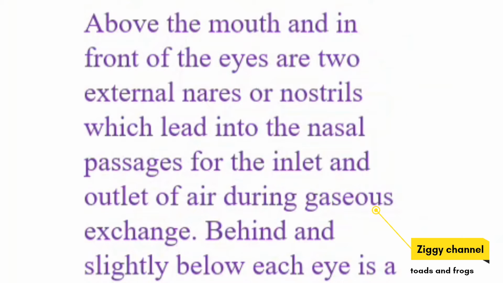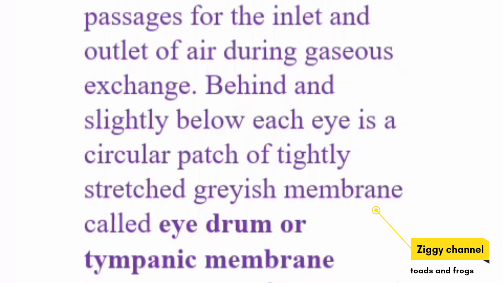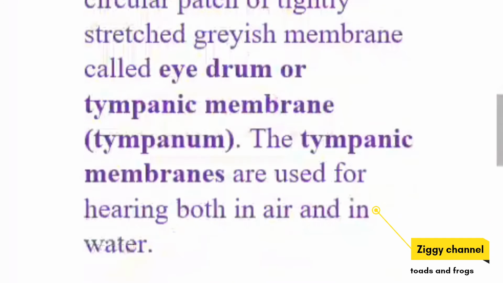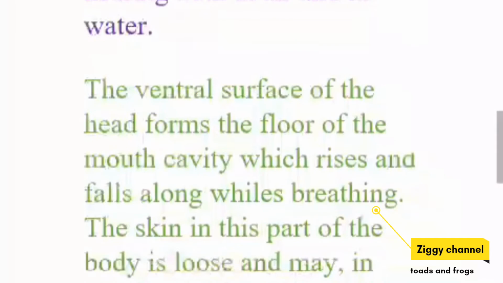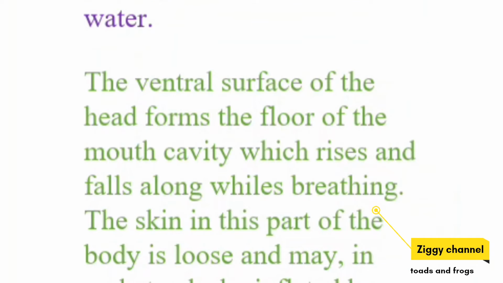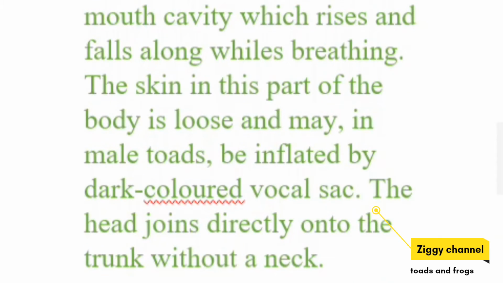Behind and slightly below each eye is a circular patch of tightly stretched grayish membrane called the eardrum or tympanic membrane, tympanum. The tympanic membranes are used for hearing both in air and in water. The ventral surface of the head forms the floor of the mouth cavity which rises and falls while breathing. The skin in this part of the body is loose and may, in male toads, be inflated by a dark-colored vocal sac.